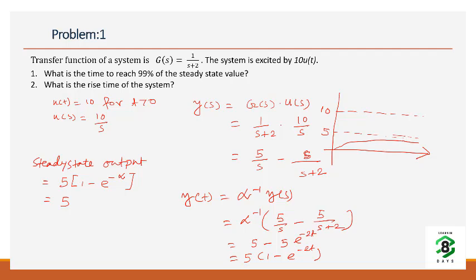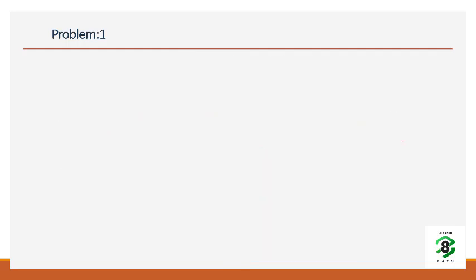Now we'll come to the actual problem. We have to find out the time taken by the system to reach 99% of the steady state value. So we'll again start with this thing. 5 into 1 minus e to the power minus 2t goes to 99% of the steady state value.